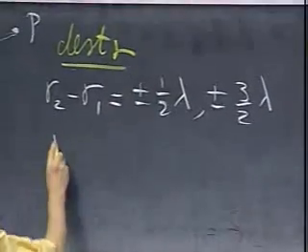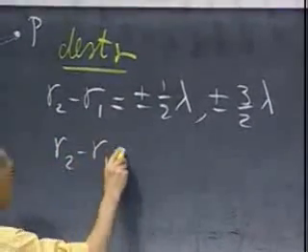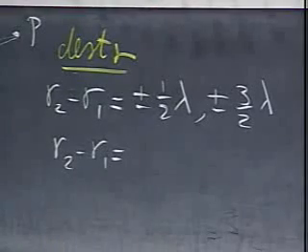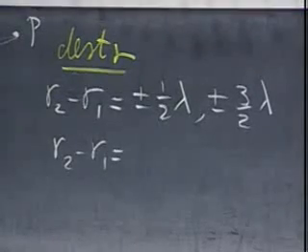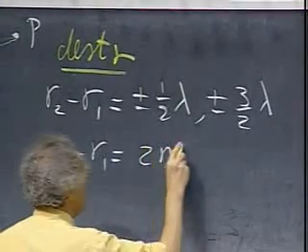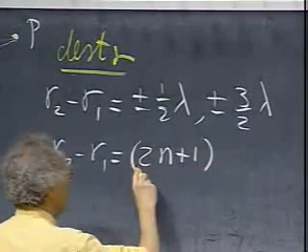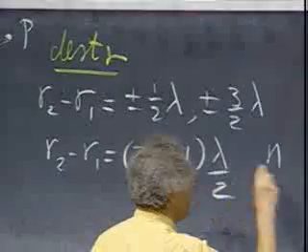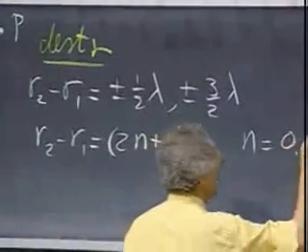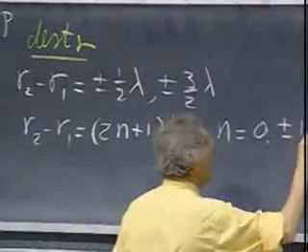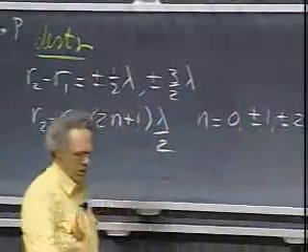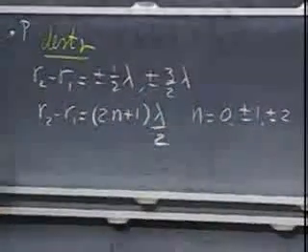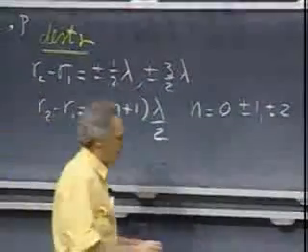And so in general, you would have destructive interference if the difference between r2 and r1 is (2n plus 1) times lambda divided by 2, whereby n is an integer, could be 0, or plus or minus 1, or plus or minus 2, and so on. That's when you would have destructive interference.